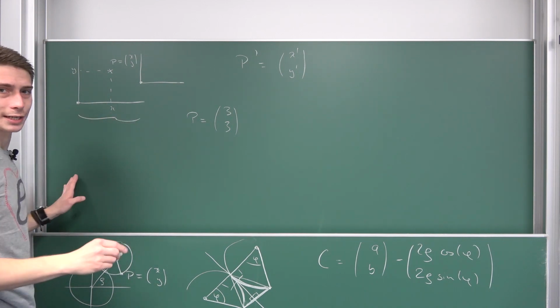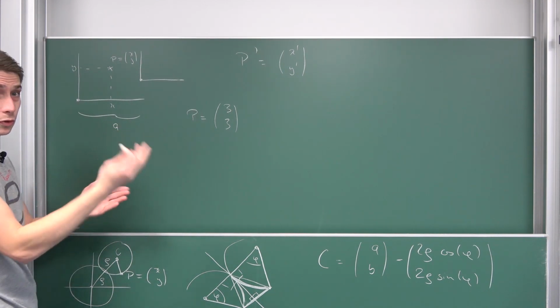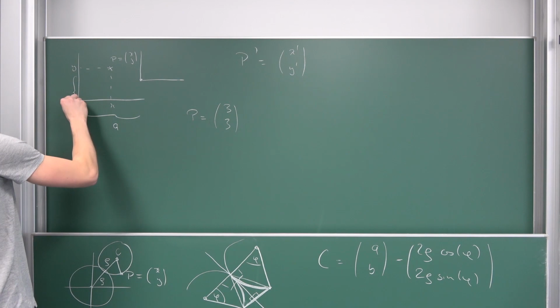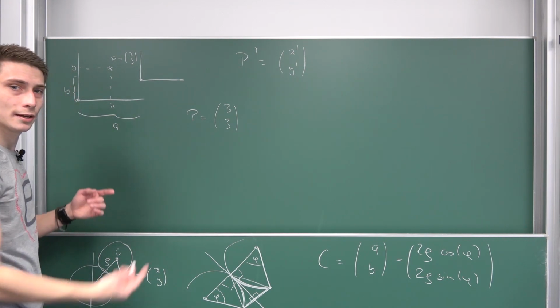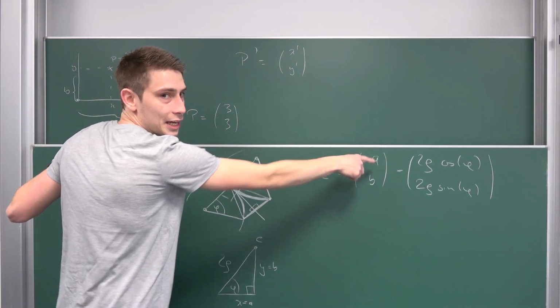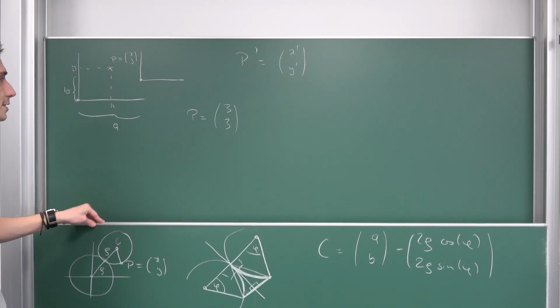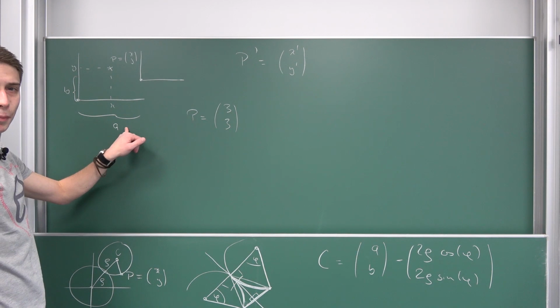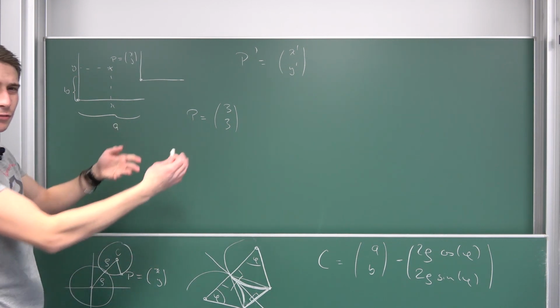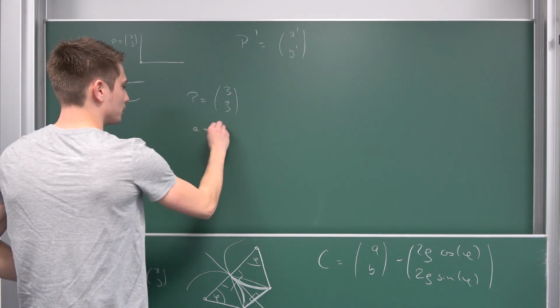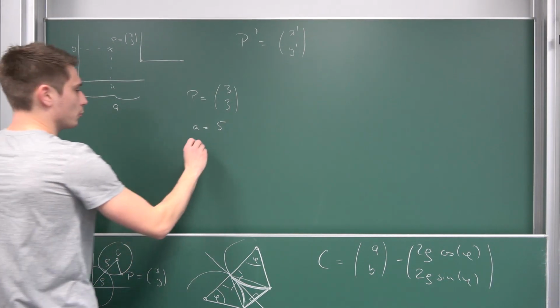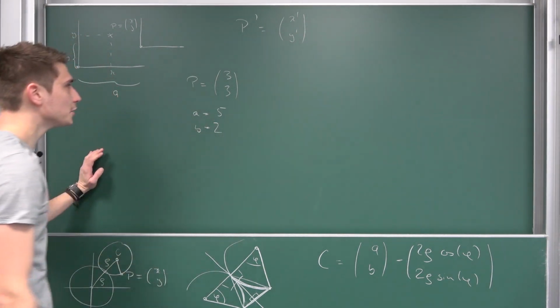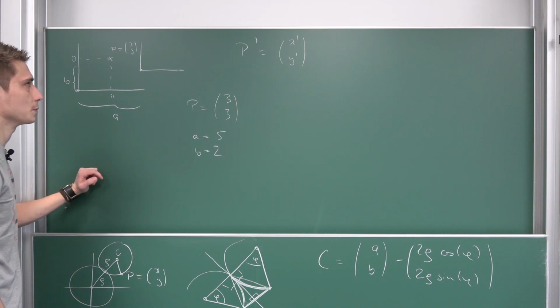Let's say this length right here is A, the shift to the right in this case, and this length right here is B, the shift up. That's why I've called it A and B. Maybe you can already see why I did this. Okay, let's say Bob's coordinate system is shifted 5 units to the right and 2 units up, for example. It really doesn't quite matter, it's just for demonstration purposes.